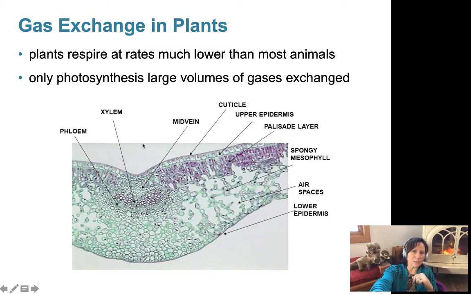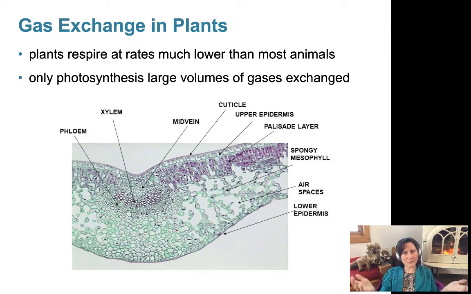So that would mean that without any other supplementary structures, gas would have to diffuse through several cells in order to engage in gas exchange in those inner cells.